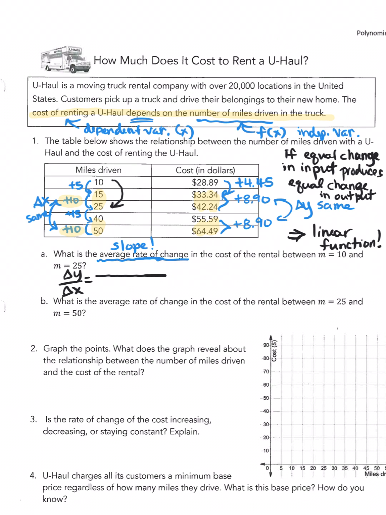So our change in y, our change in cost from 10 to 25, would be here. So 42.24 minus 28.89. And then in the bottom, change in x is 25 minus 10. So we're going to get 13.35 divided by 15. And that gives us $0.89 per mile. That would be our average rate of change there.